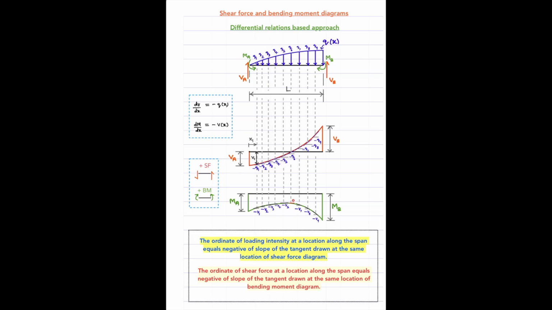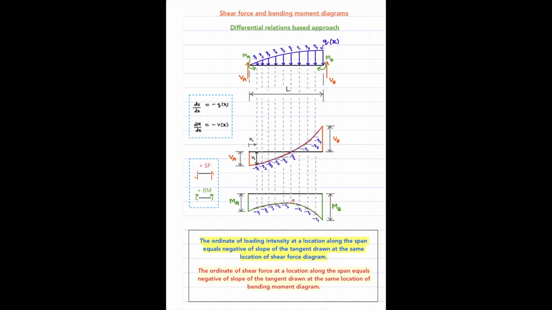That's why we have drawn tangents at different points along the span of this beam, and we mark the slope of each tangent, which is equal to the negative of the load intensity at these typical locations. If this has to happen, what should the variation be? The variation should be something like this. These slopes we measure here are all positive slopes.